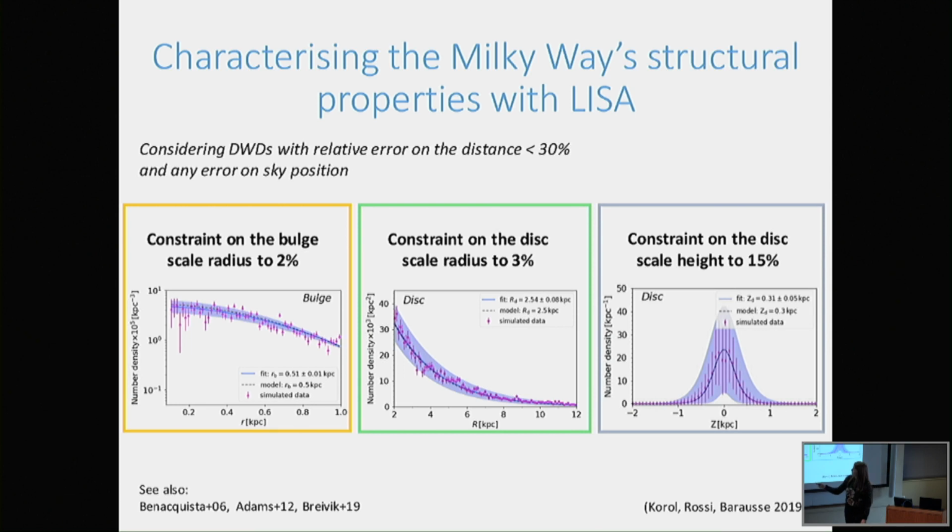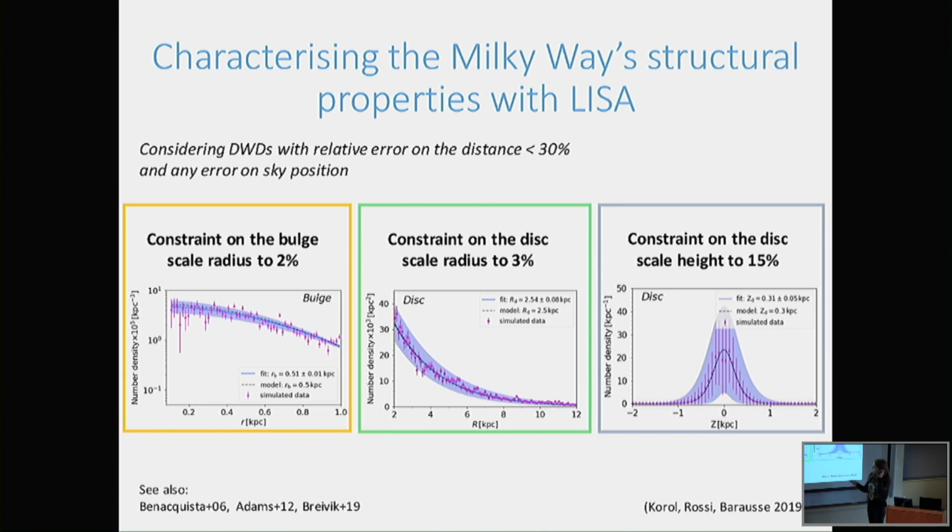And this is shown by magenta points. The black line here is the underlying model, so the one that I used in the first place to generate the galaxy. And the blue line with the blue band is the fit to my data using the input model with the 3 sigma boundaries.